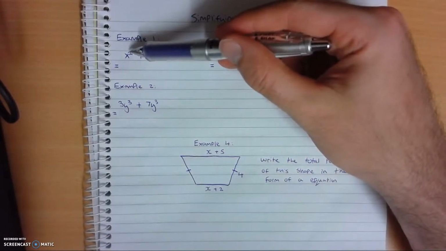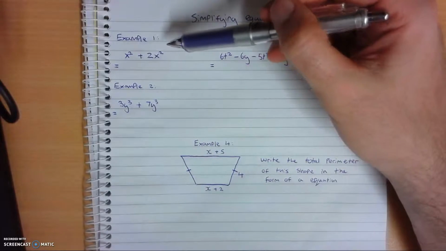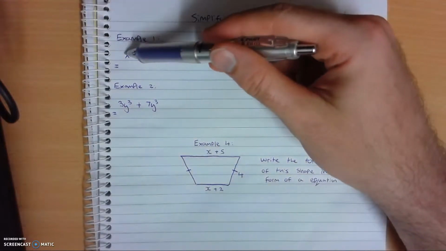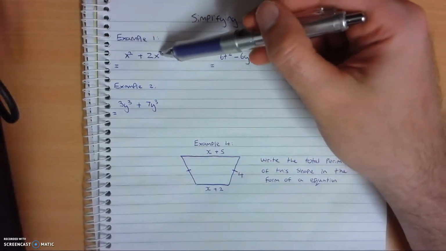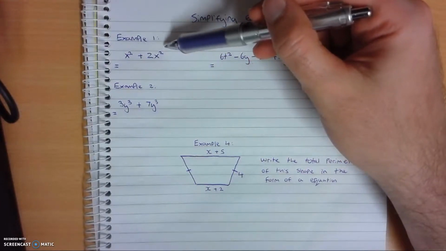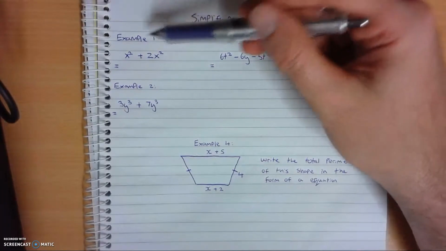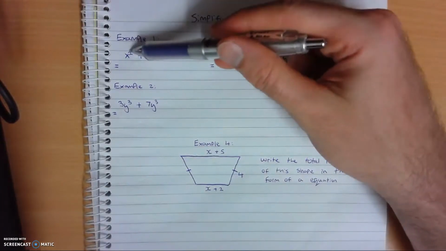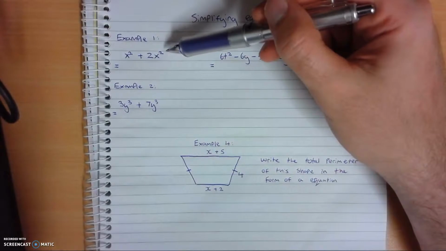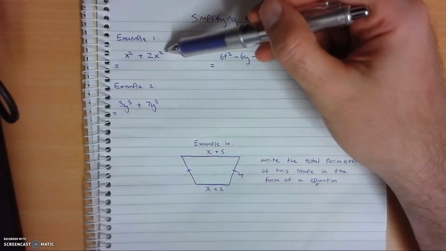So they're squared. Okay, so if the letters are the same, but the powers are different, then they aren't like terms. But if the letters are the same and they're raised by the same power, then they are like terms.